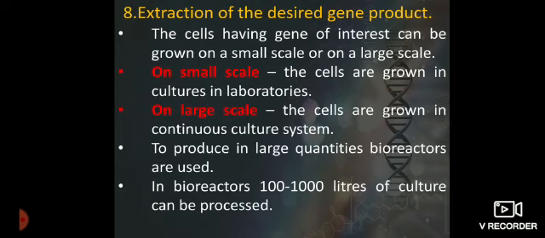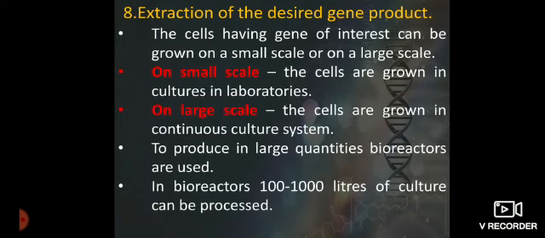The 8th step is extraction of the desired gene product. The cells having the gene of interest, GOI, can be grown on a small scale or on a large scale. On a small scale, the cells are grown in cultures in laboratories, and then we manually, with the help of instruments, isolate the product.